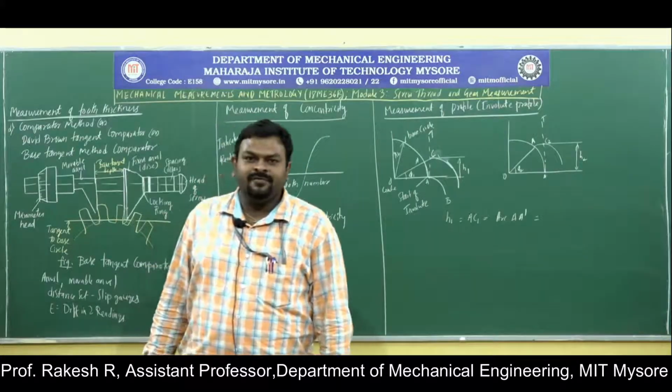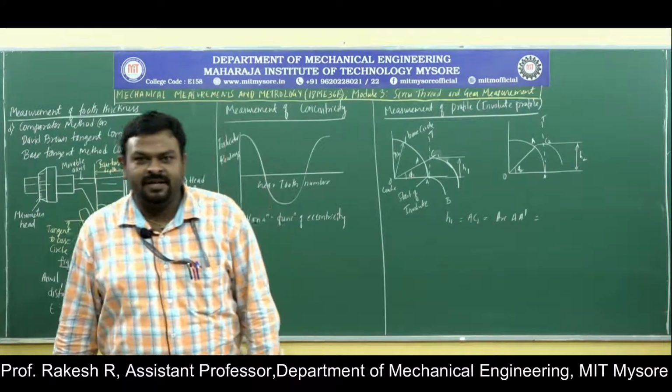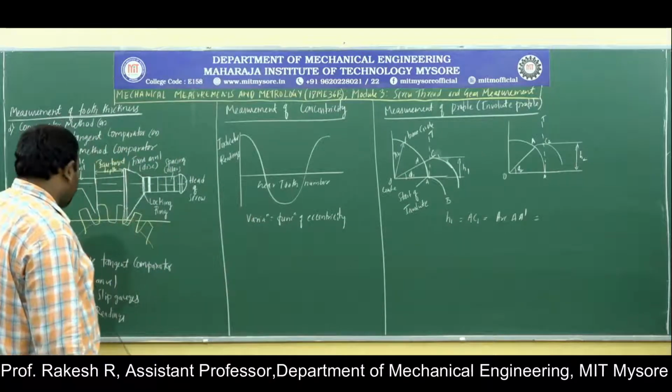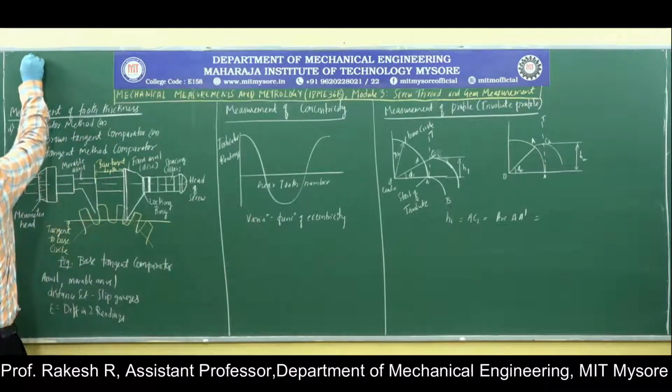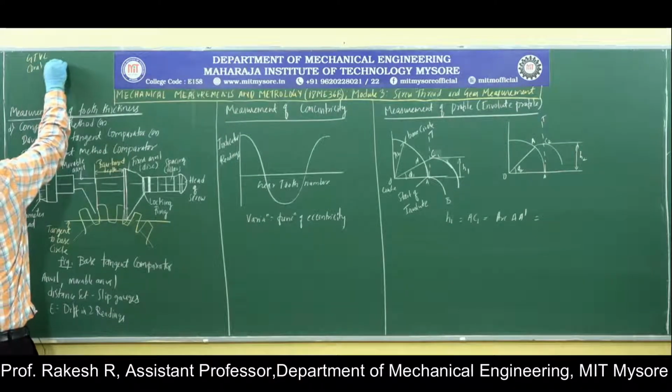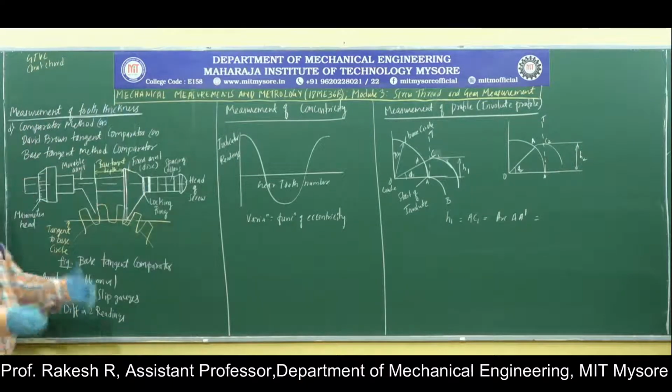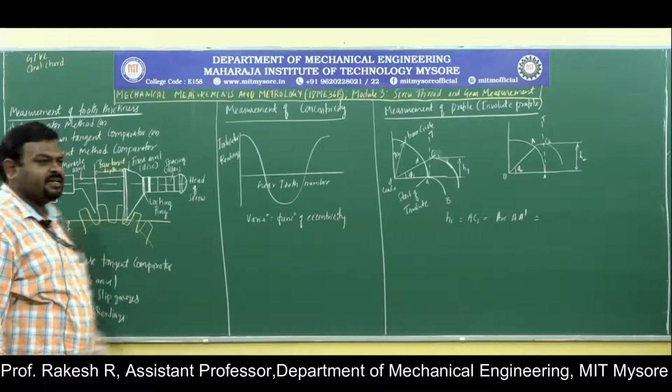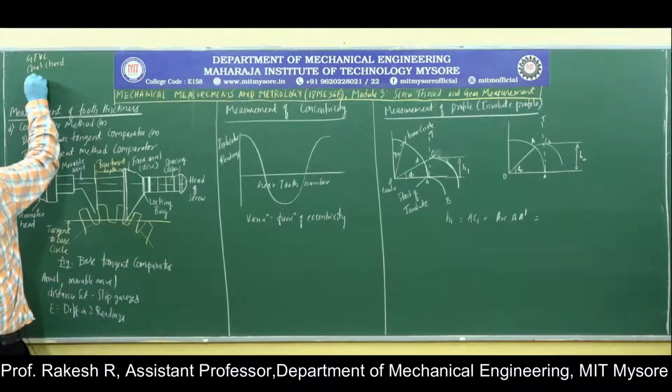So measurement of tooth thickness is done by, one, using gear tooth vernier calipers, then using the constant chord method, where the chord remains constant, then the base tangent method.